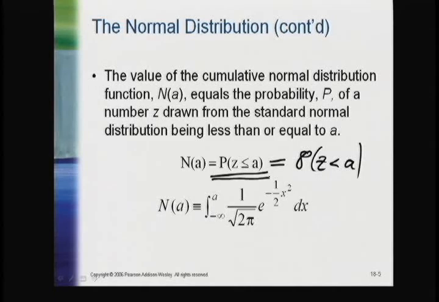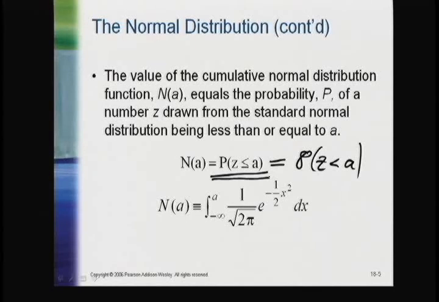But in some applications for the normal, you'll see a less than, but not to be confused, they are the same thing because the normal is continuous. If you're working with a discrete or a mixed probability function, you have to be careful, and you must include the equality in the distribution function definition.